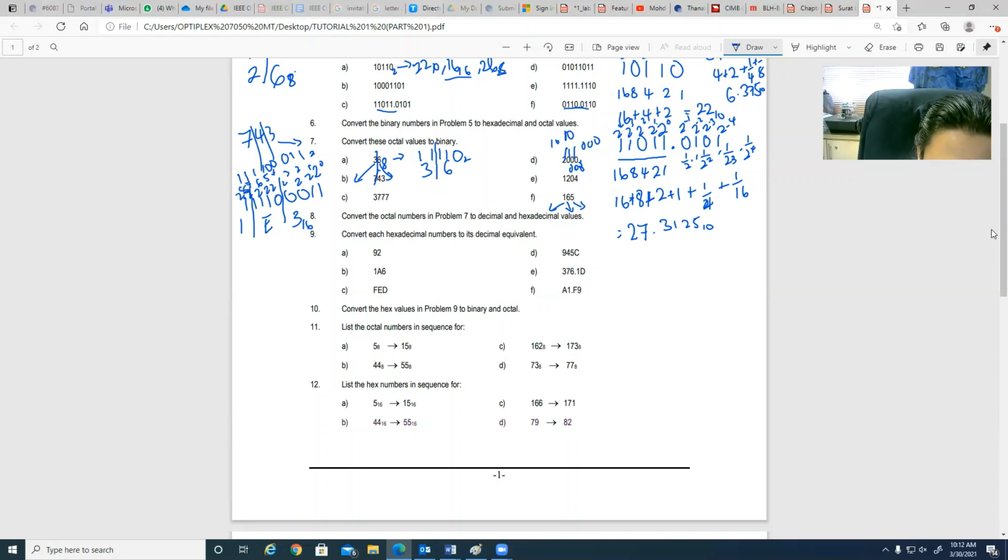Then you add them up, and this is the answer: 483 in decimal, for question number B. The rest you can double check. For example, this one I will show: 1 0 0 0 0 0. So we have 1, 2, 3, 4, 5, 6, 7, 8, 9, 10.